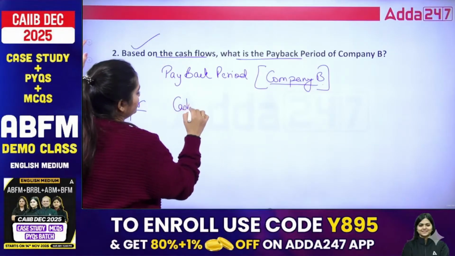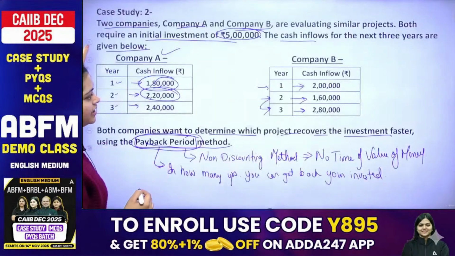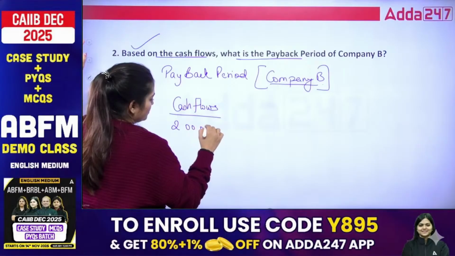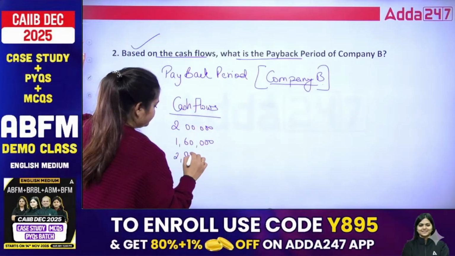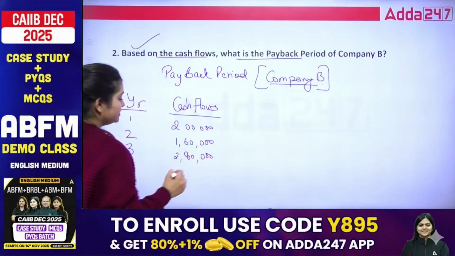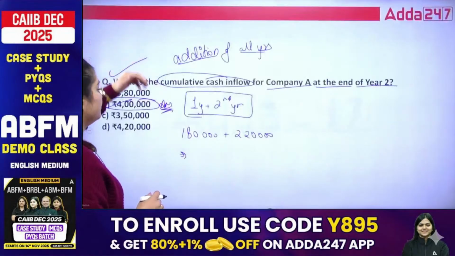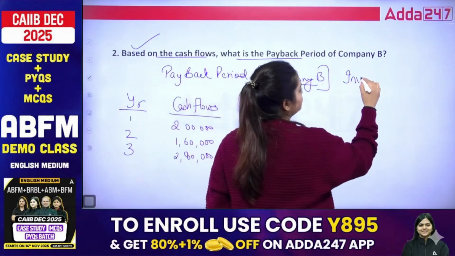What are your cash flows here? That is 2 lakh, 1 lakh 60, and 2 lakh 80. Yes. So basically, we need to calculate how much. Acha, 5 lakhs is your invested amount.